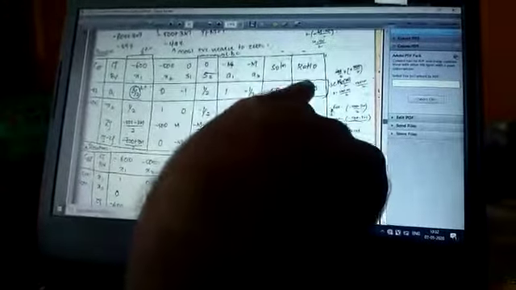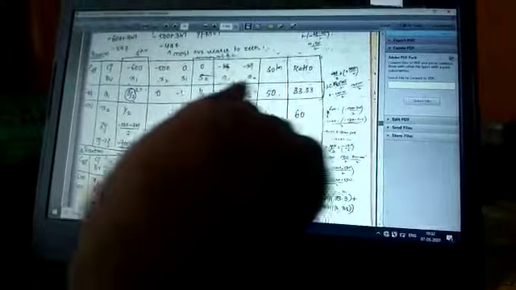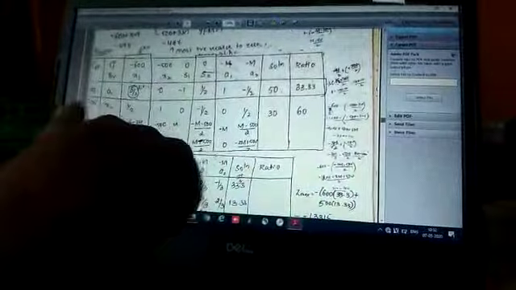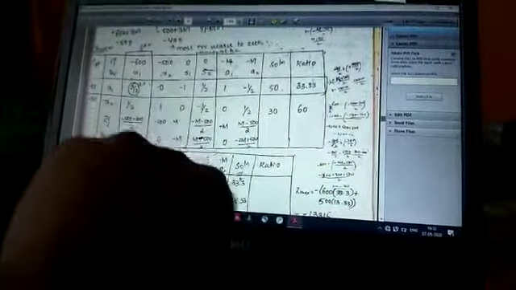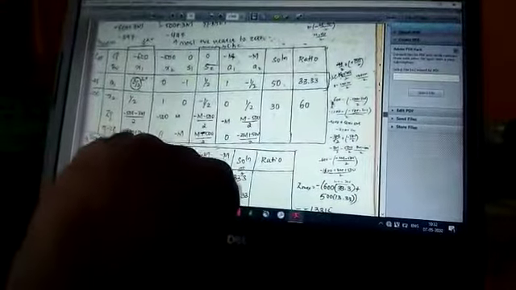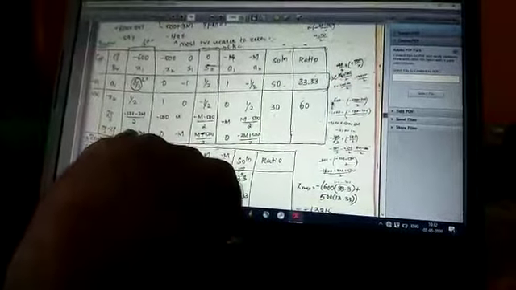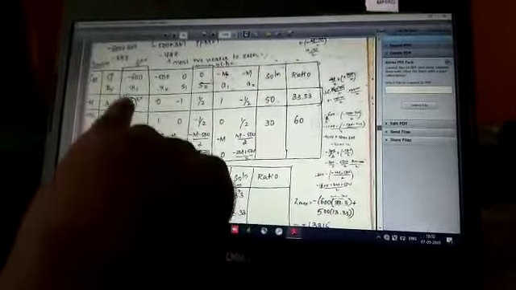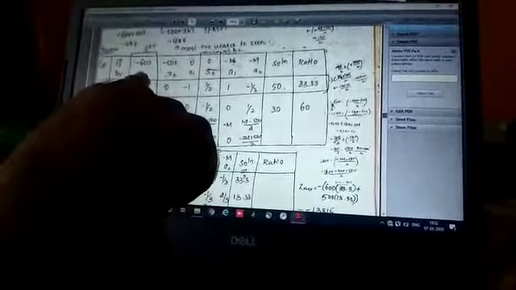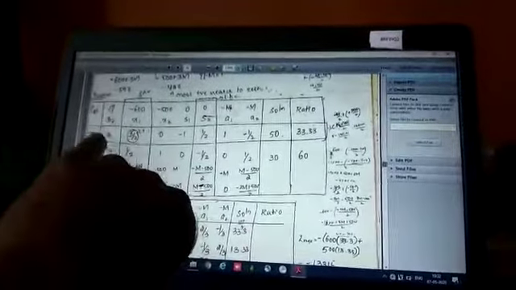Then you should take into account the least positive ratio and select that. So a1 is the exit variable, and you are supposed to select x1. Once you select x1, this is the entry variable and this is the exit, that is, instead of a1, you take x1.